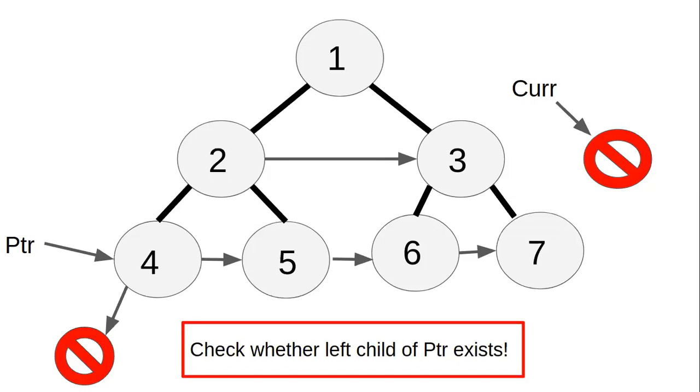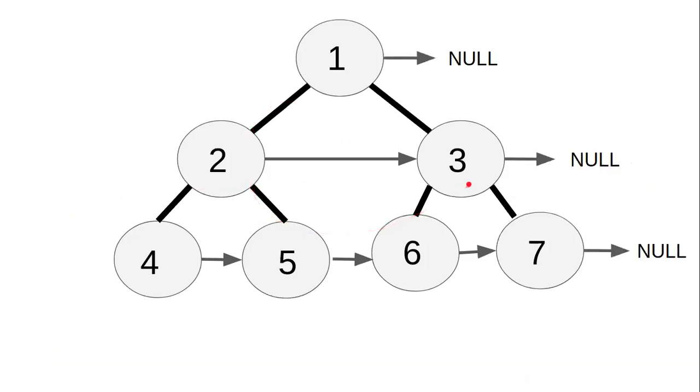Fundamentally, if I show you what the tree looks like for now, it is this. You can see that all the nodes of all the levels are connected. But you can see right here I have written null. Why?